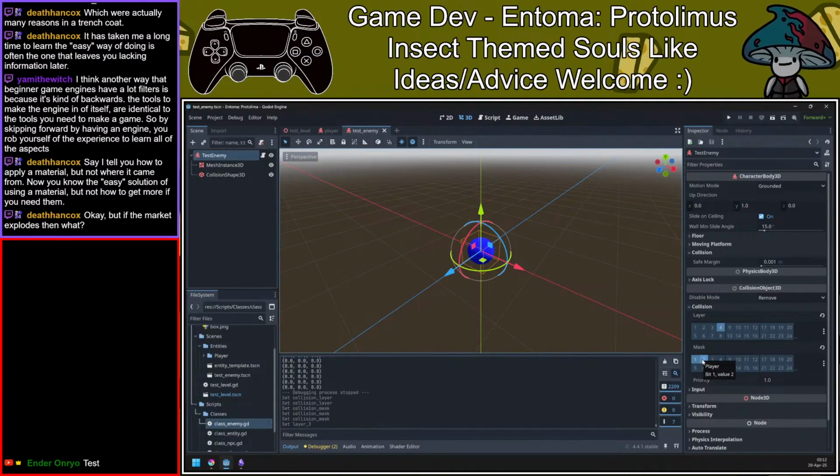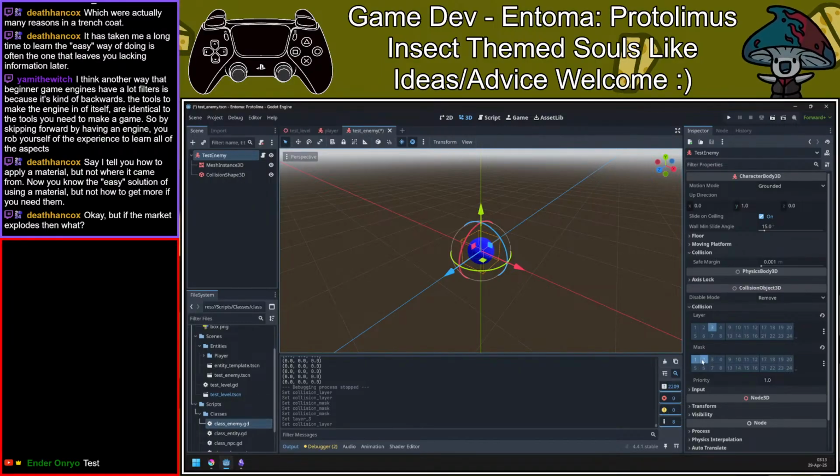Okay, so the layer is what this exists as, and then this is what it will be interacted by.